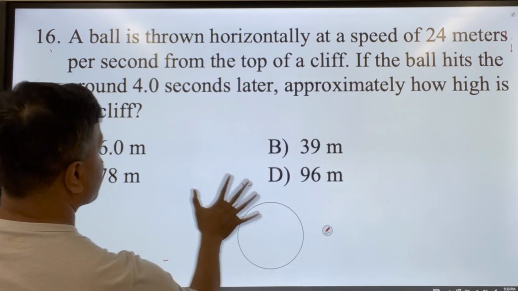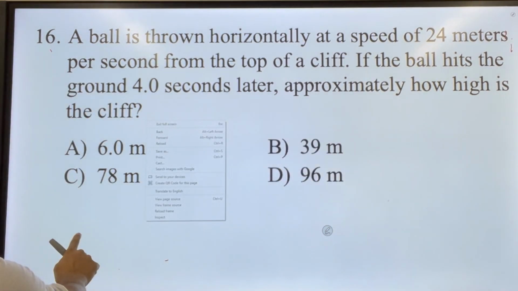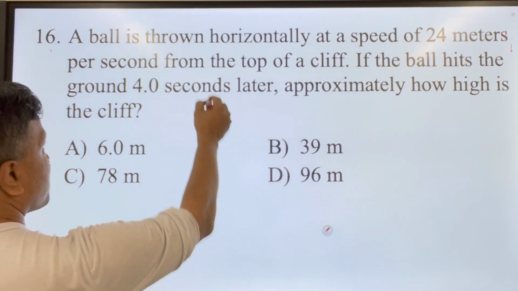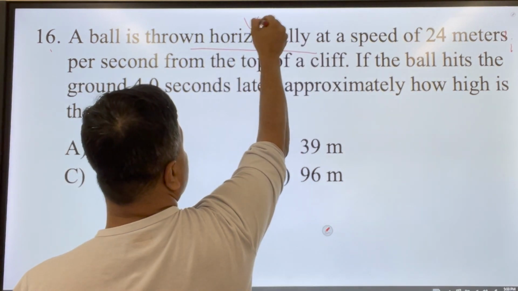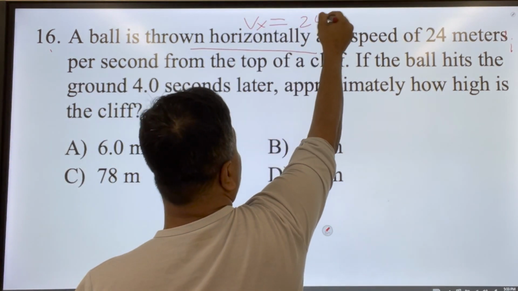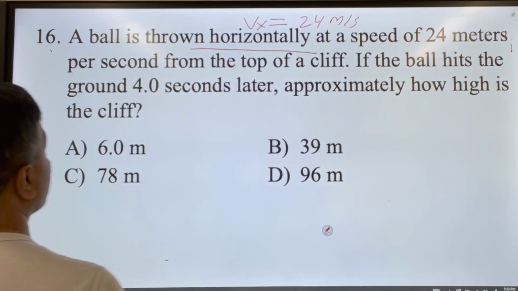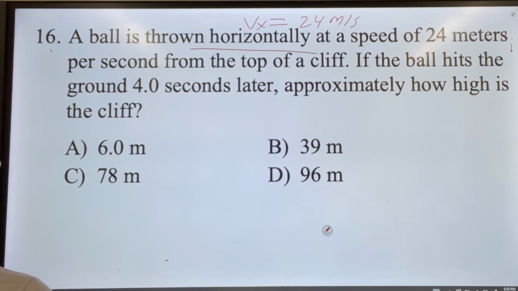So problem 16, you throw a ball horizontally. Horizontally means Vx is 24 meter per second, that's what horizontally means, from the top of a cliff, right? The ball hits the ground 4 seconds later, approximately.